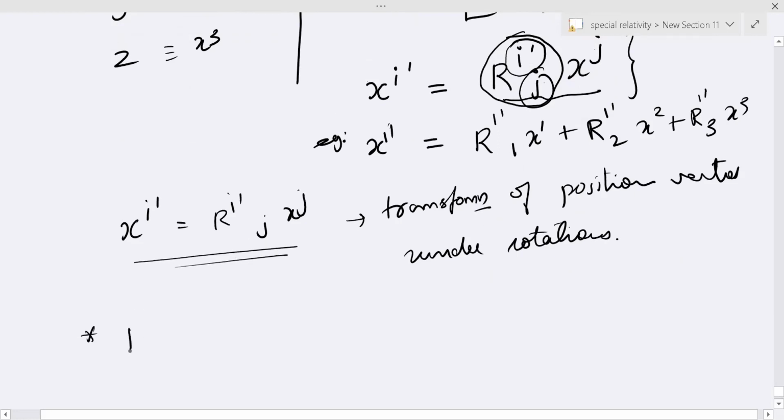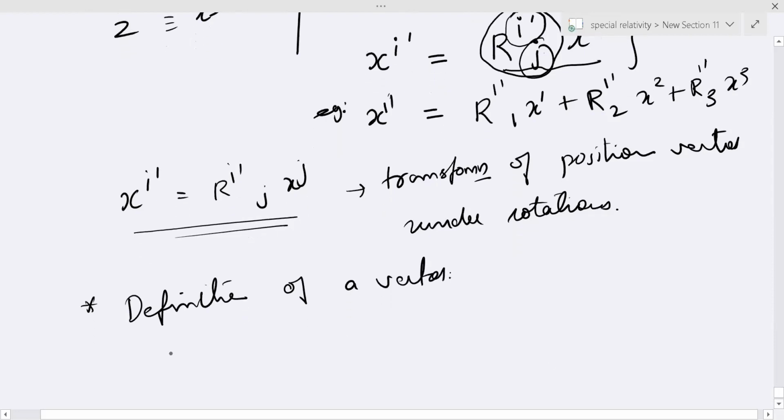Now I define a vector. Definition of a vector is this.